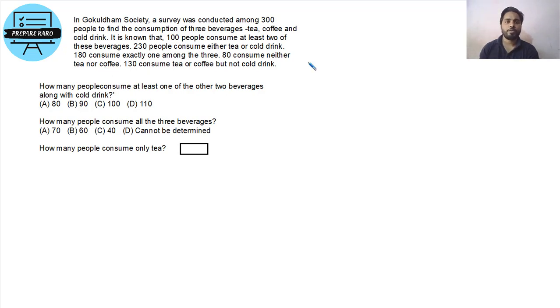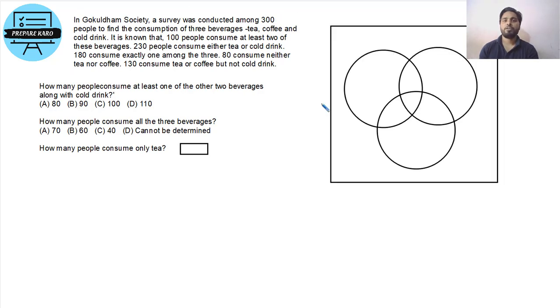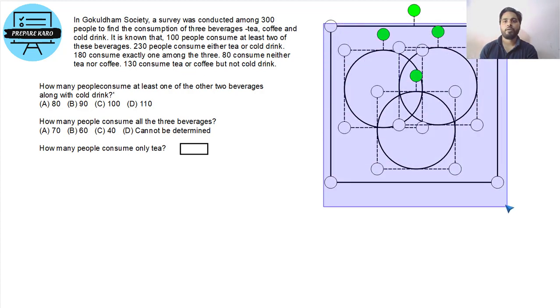And then 2 more statements are there: 80 consume neither tea nor coffee, and 130 consume tea or coffee but not cold drink. So this is the information based upon which we can say we require a 3 variable Venn diagram. Okay, so this is a 3 variable Venn diagram, right?